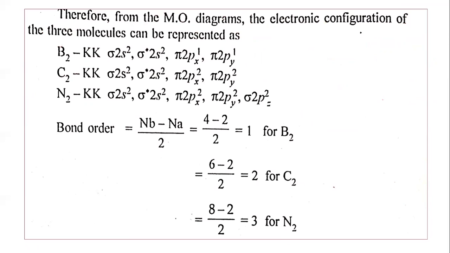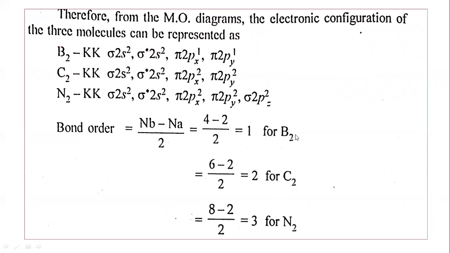These are the bond orders as we have already calculated in these molecules. According to their electronic configuration you can also calculate the bond order. Just like the electronic configuration given here for boron, you can count the number of electrons: 2 plus 2, 4 bonding electrons, minus 2 antibonding, divided by 2.